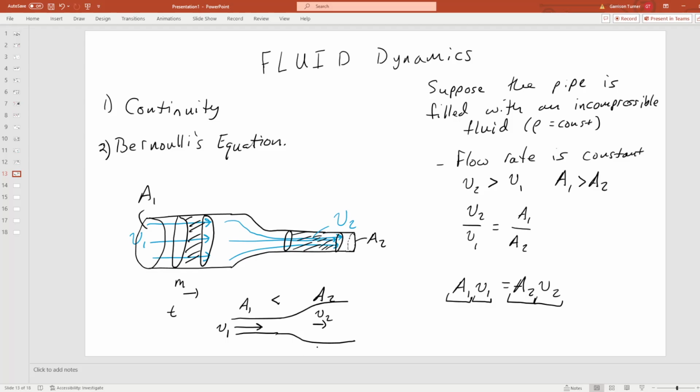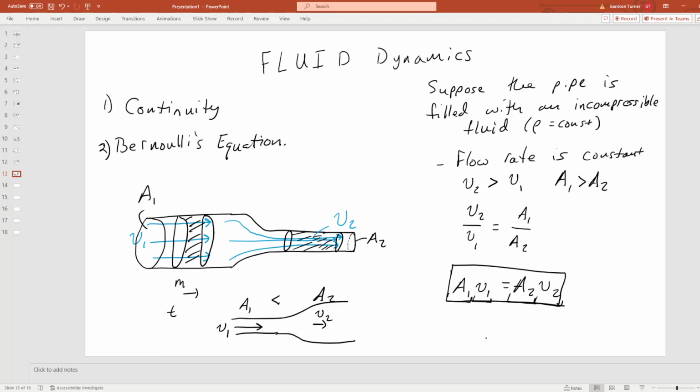So this equation is universal for pipes that are completely filled with fluid and have pressure sources pushing the fluid through the pipes. Then this equation has to be true.